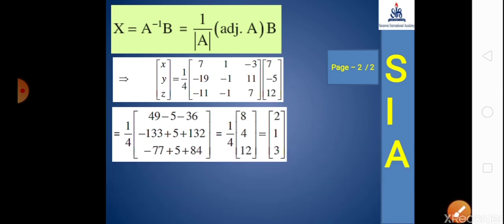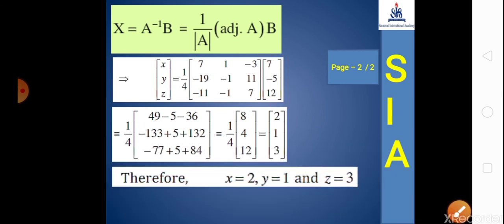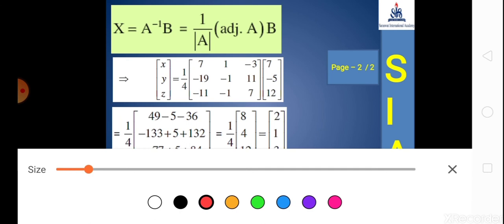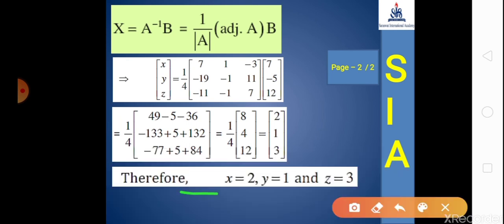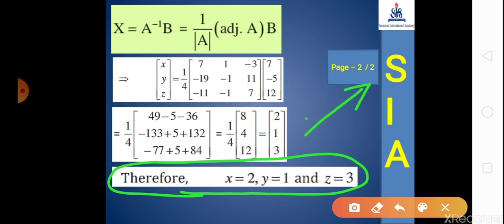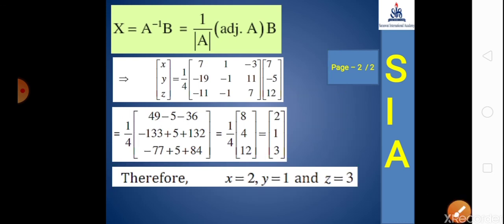So dividing by 4, you get 2, 1 and 3. Therefore, your solution is x is 2, y is 1 and z is 3. This indicates your given 3 lines intersect at one common point. Students, here 3 lines intersect at one common point. It is also called consistent lines. Okay, now you are done with these questions.